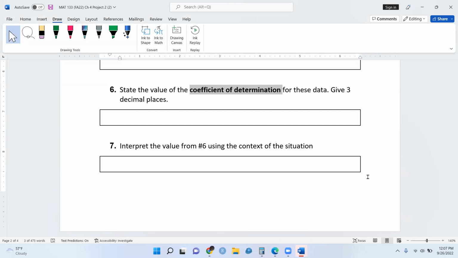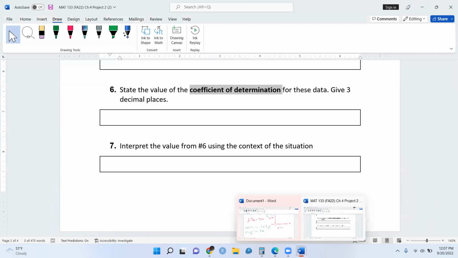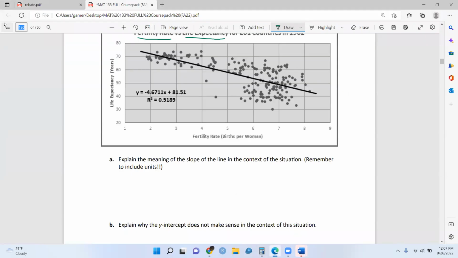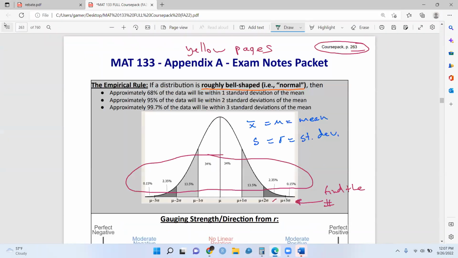This is number 6. We know, I think we answered it, but what's the symbol for coefficient of determination? Is it R? Close. R squared? You got it. Nice. It's one or the other, right?